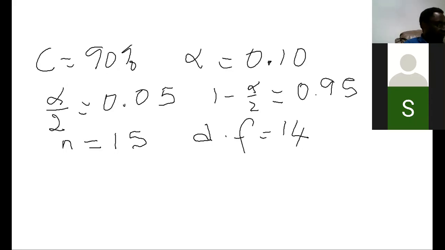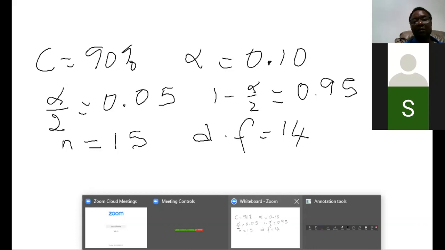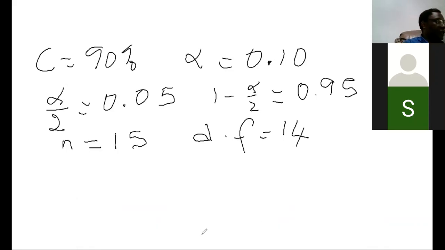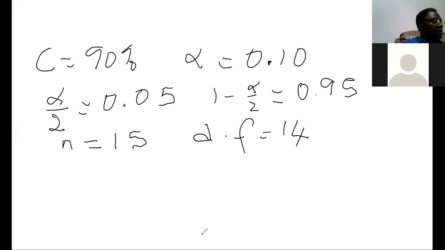So it's n minus 1 times 120.82 squared, over 6.571. But the n in this case is 15. You are no longer using n, but n minus 1, remember that. So it would pretty much just be the 14.